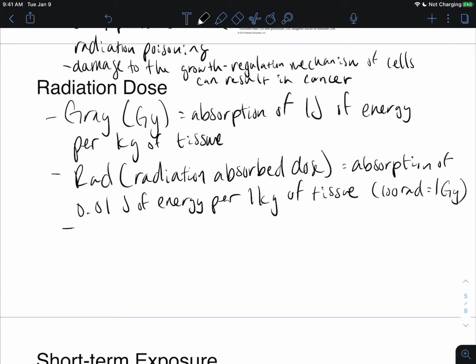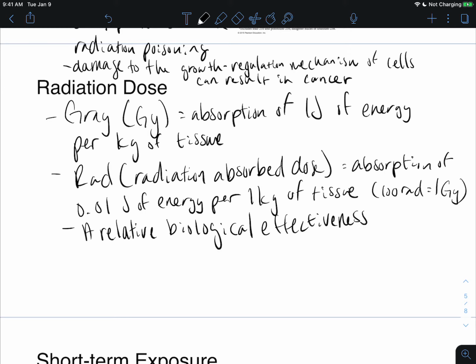And then, of course, we take into account the idea of the biological harm, because not all forms of radiation will harm tissues equally. So we have a relative biological effectiveness, which takes into account harm to body tissues. And this is RBE.